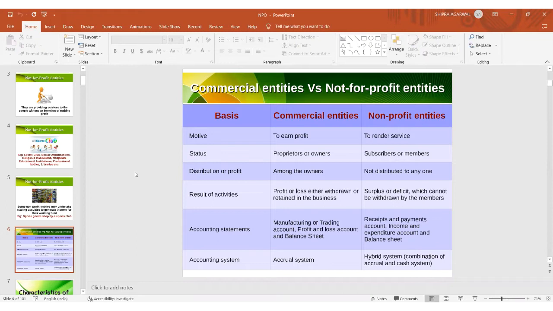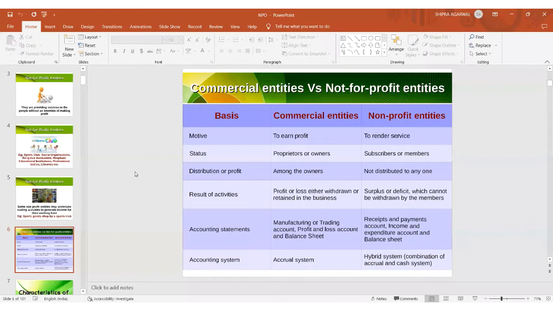Now, as far as your profit is concerned, whatever you are doing in the business is giving you some amount of profit. Even NPOs, at times, are able to earn a certain amount of money. So in such a case, the profit in case of commercial entities is distributed among the owners, and profit in case of non-profit entities is not distributed among the owners.